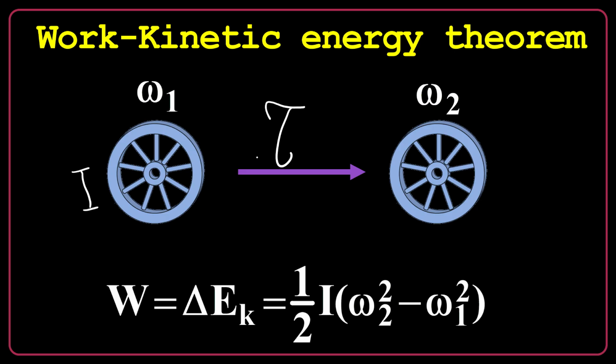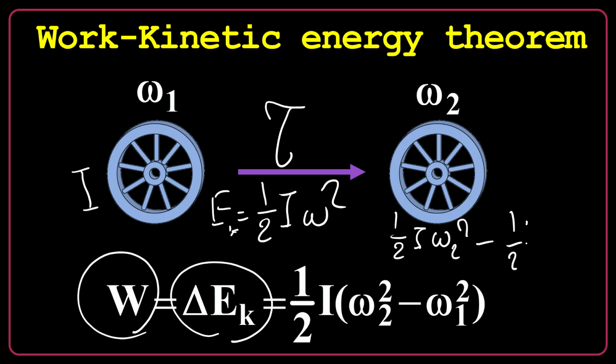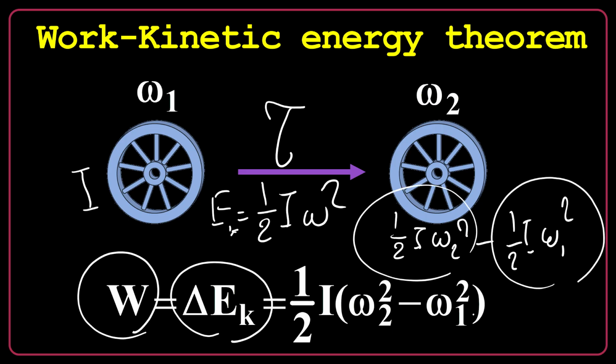Change in kinetic energy, again, is supposed to be the work done by the net torque. Okay, but you know the kinetic energy is a half of I omega squared. So I can write it as a half of I omega 2 squared minus a half of I omega 1 squared. Final kinetic energy minus initial kinetic energy. And then write it like that.